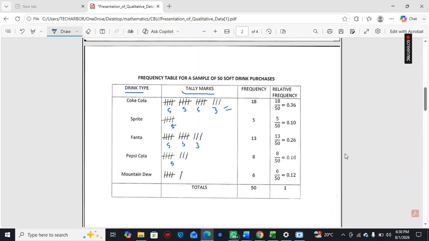So colleagues, as you can see, the frequency here is just telling us how many times this variable has occurred, or how many times this drink has been purchased. Any questions before I move further?